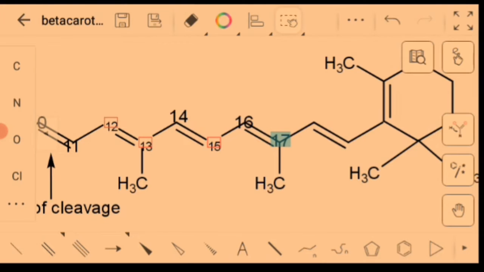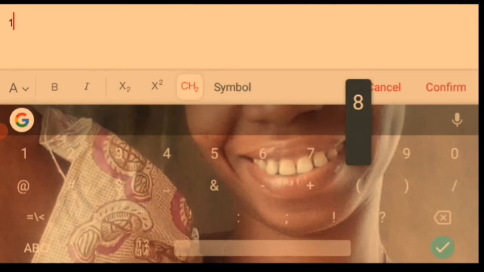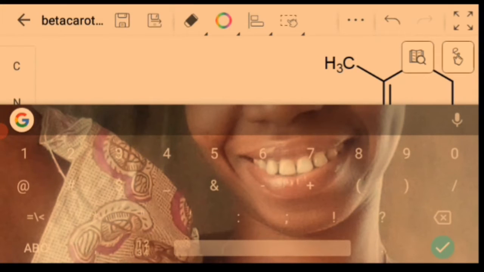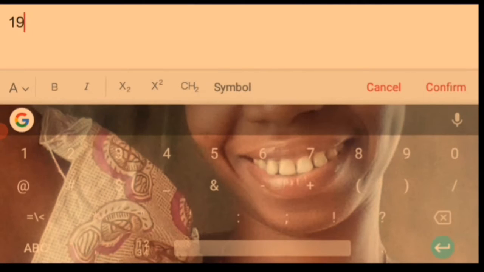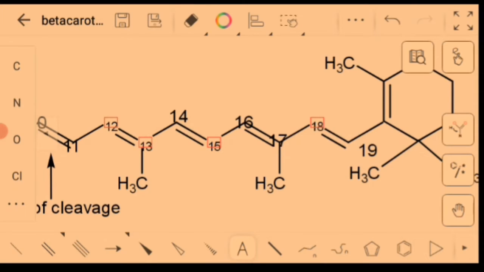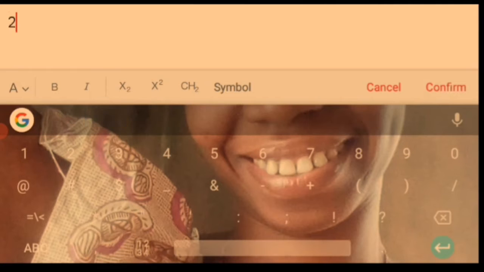And then I think I'll probably just draw. Okay, we are almost done, and this is our 19. Then I'll arrange it.